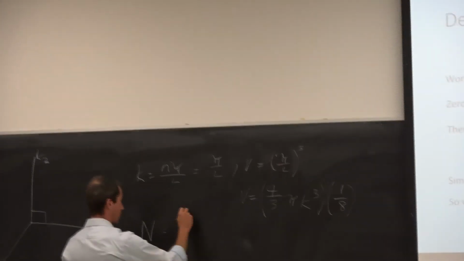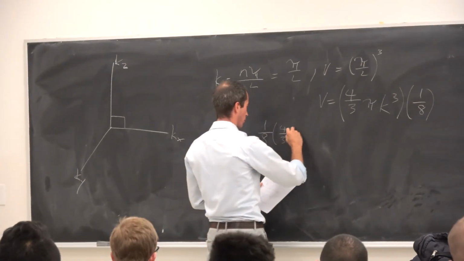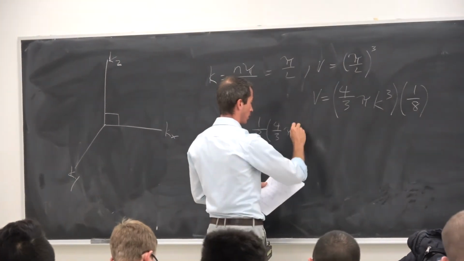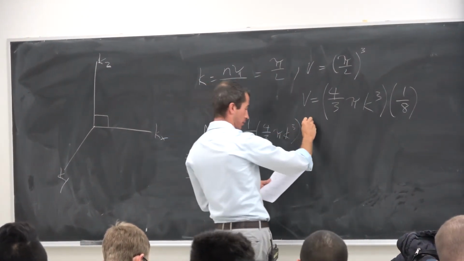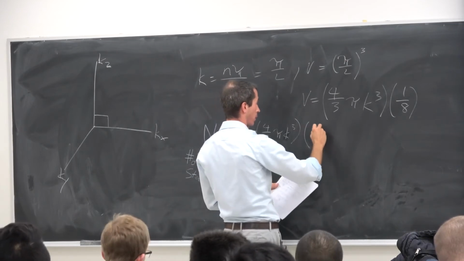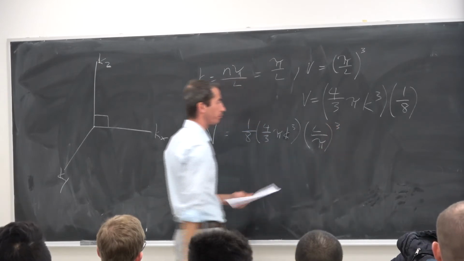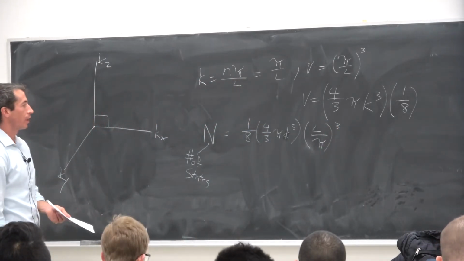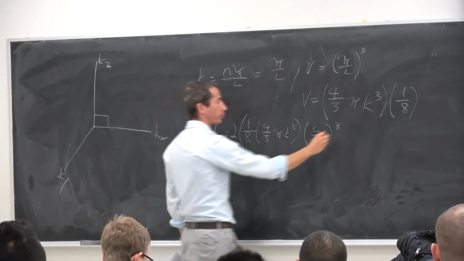And so this is going to be 1/8 of 4/3 pi k cubed divided by L over pi cubed. And there's one trick to throw in here: we need to multiply that by 2.